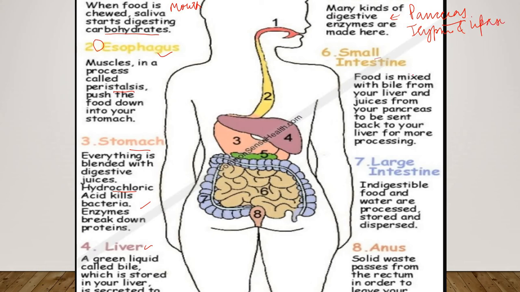In the small intestine, food is mixed with bile juice from your liver and juices from the pancreas, and more processing is done. In the large intestine, excess water is absorbed, and from the anus, solid waste passes outside. So this is the complete summary.